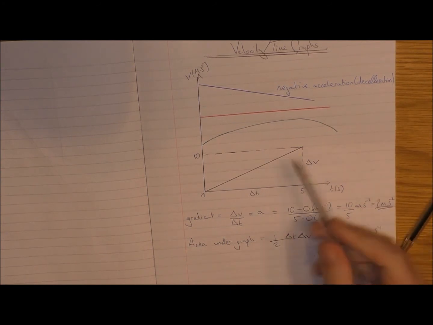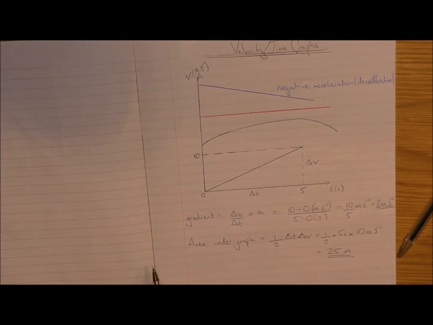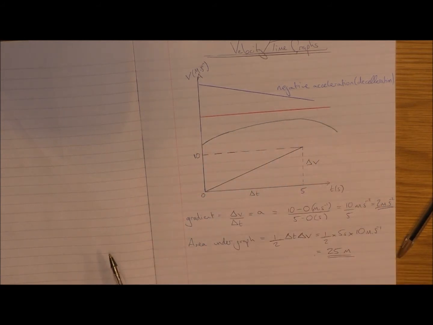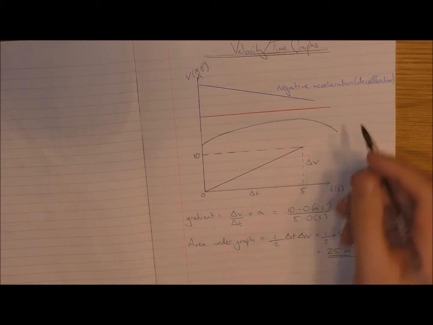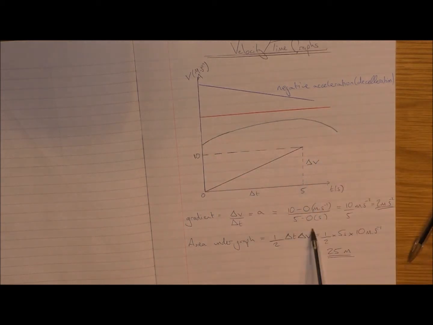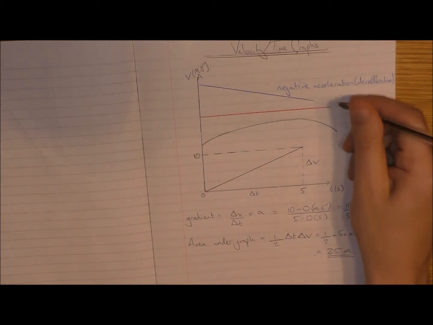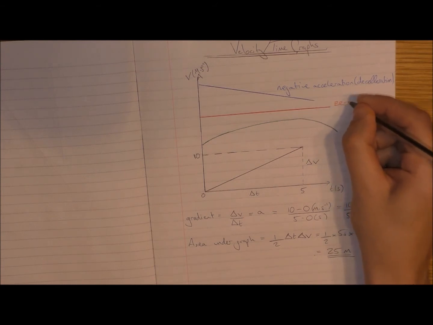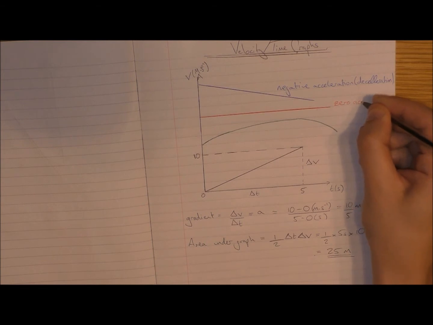Okay, the red line, that's showing that V doesn't change, velocity doesn't change all the way through the time. That is a flat gradient, so the gradient calculation here will come out to 0, which means a constant speed or 0 acceleration.